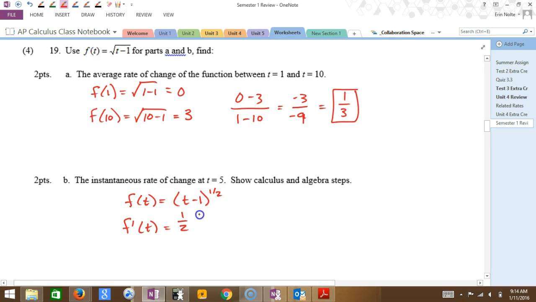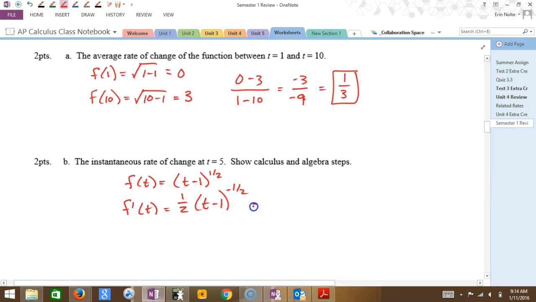So 1/2 times (t minus 1) to the negative 1/2. And then what's the derivative of the inside? It's 1. So I'm not going to say times 1. That's okay with you guys. So this would be the same as 1 over 2 times (t minus 1) to the 1/2.